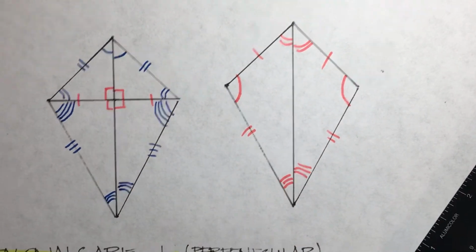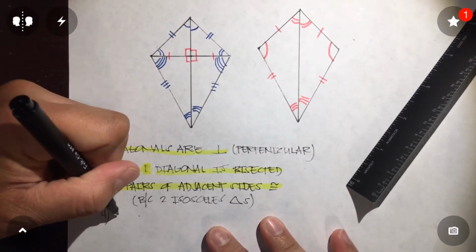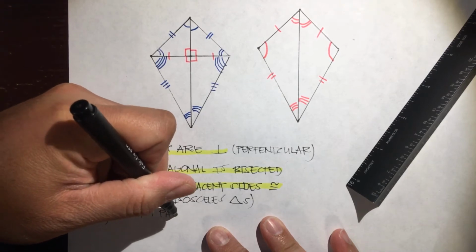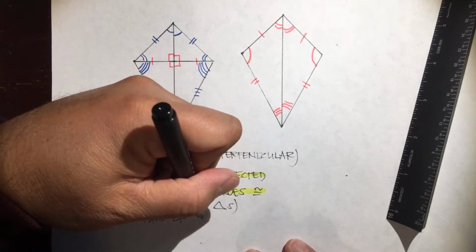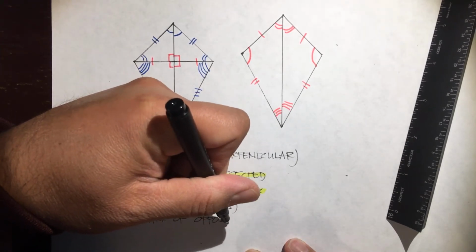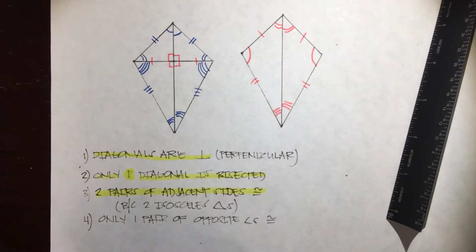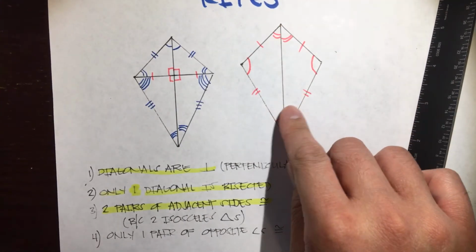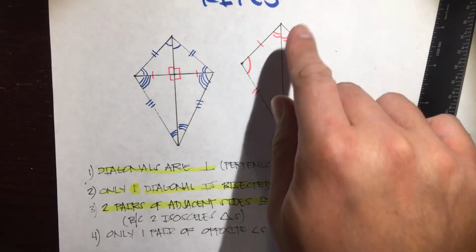Okay, so, fact number 4. Only one pair of opposite angles are congruent. So, only one pair, because these angles are not congruent, or this big angle is not congruent to this big angle. Okay, that's just this.